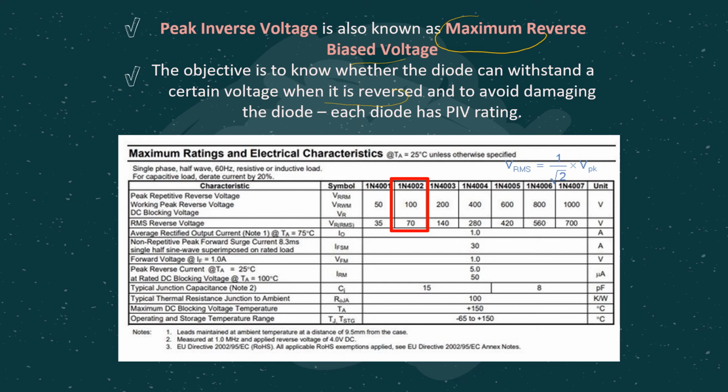For example, if you go to the lab and take one diode, there will be a data sheet for that diode. As you can see from here, I can see the PIV for this particular diode with part number 1N4002. The PIV value is 100, and in terms of RMS, it is given as 70 volt.